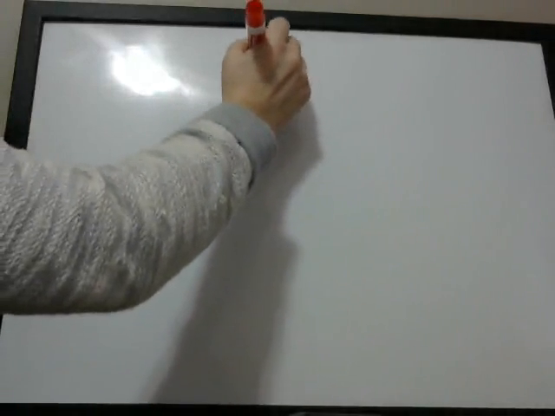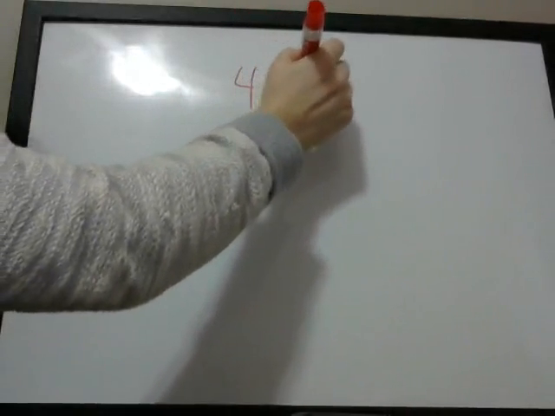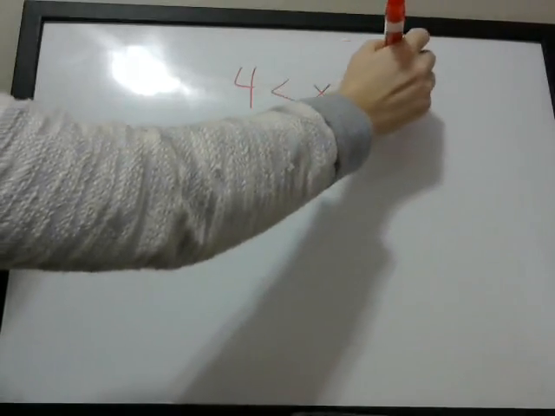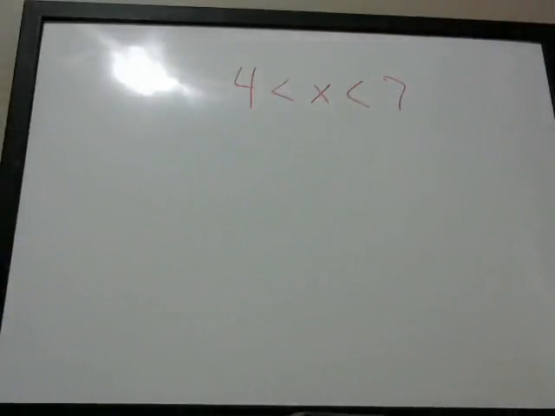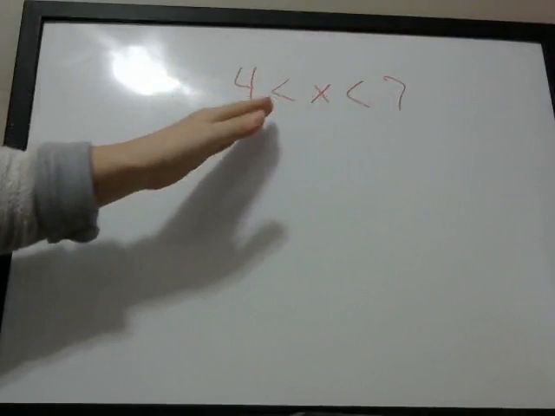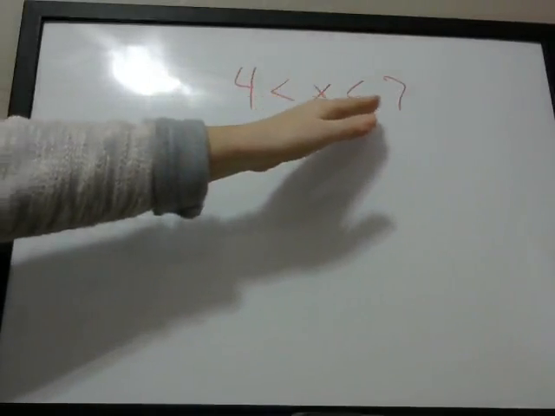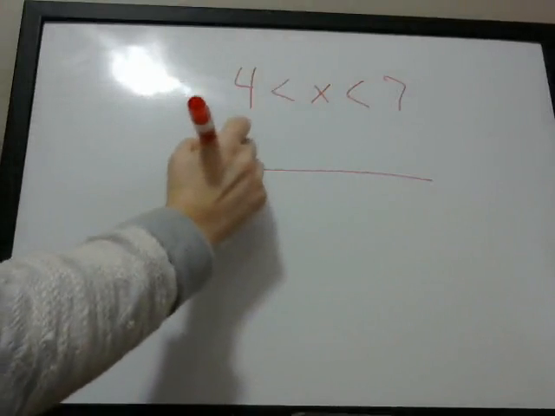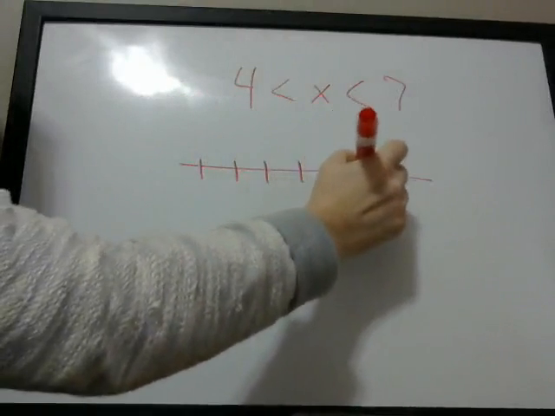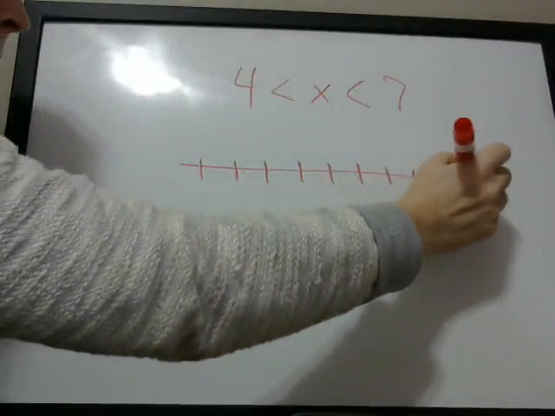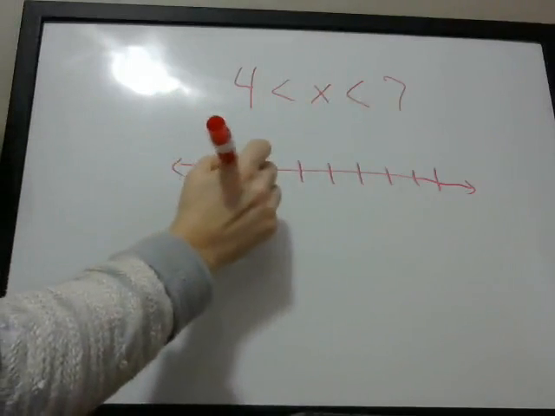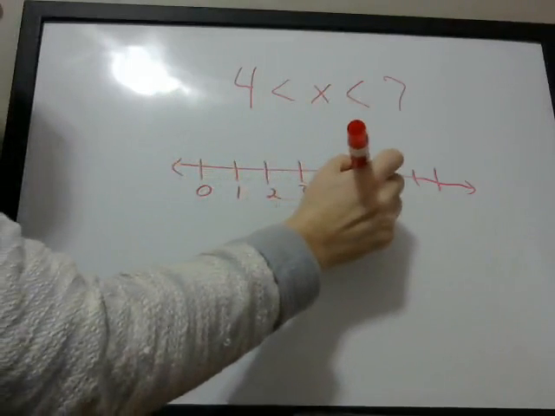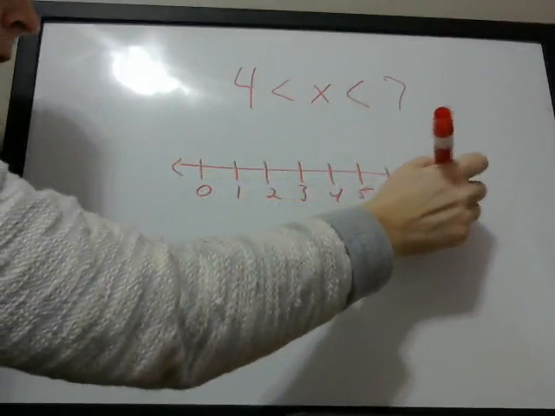So for example, a simple problem would be x is greater than 4 and x is less than 7. And so if we are looking at a number line, so this is a number line, 0, 1, 2, 3, 4, 5, 6, 7, 8.